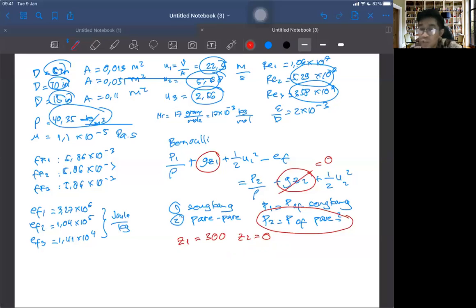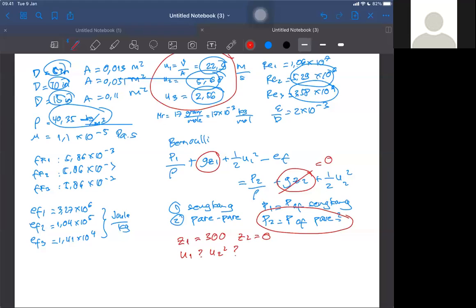How about velocity 1 and velocity 2? Is it the value from here? I think U1 would be the velocity on top, sir.